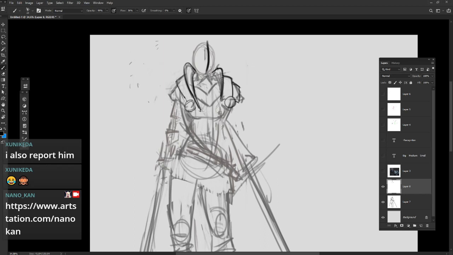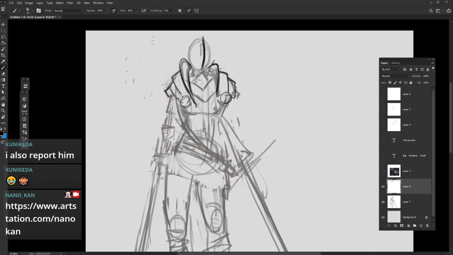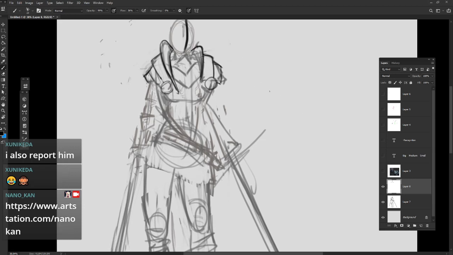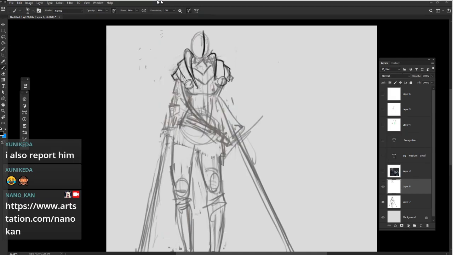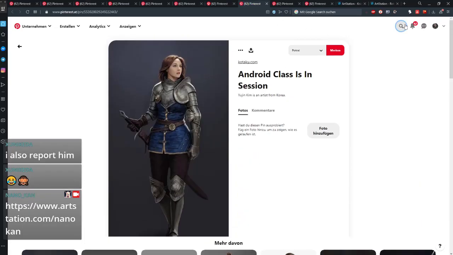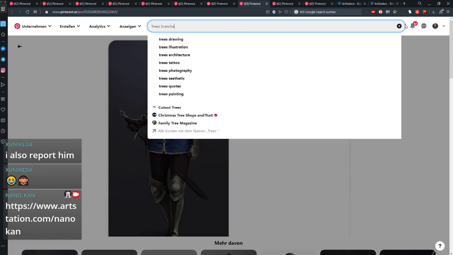Because I can use environments for characters, because they have a certain shape, you know. Let me look at, for example, trees. Just straight up trees, branches.